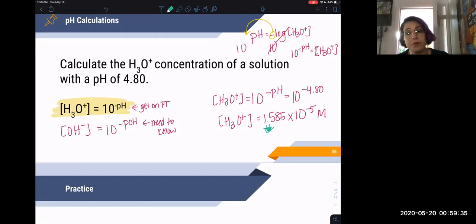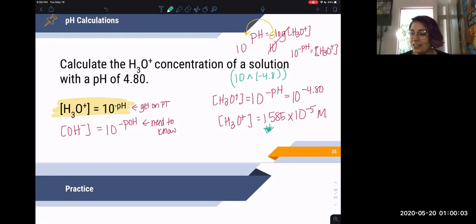If you're using a real calculator, you would probably need to put in 10 raised to the negative 4.8. Or maybe you've got to put the whole thing in parentheses. It depends on your calculator. Don't use E. This is not something times 10 to the. Literally, this is the time when you get to do what you want, which is write 10 to the.